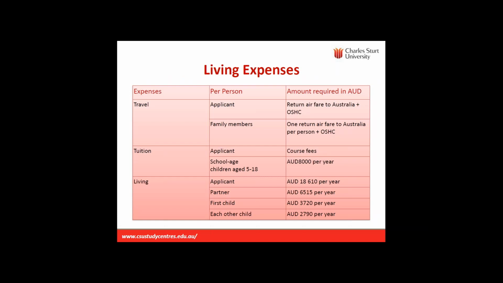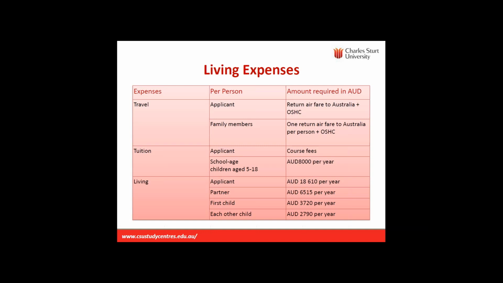The insurance is usually a must when you are applying for a visa. It can be provided by us, by Study Group, Sturt University, but it can also be purchased by the student directly.